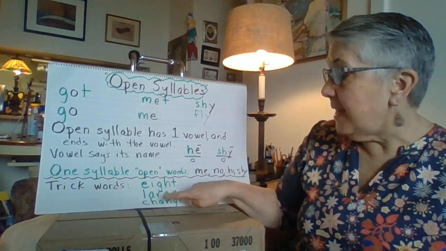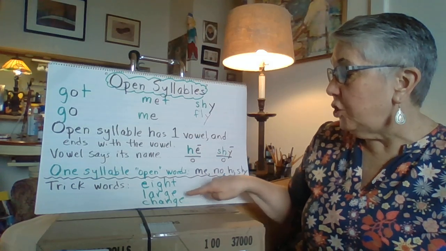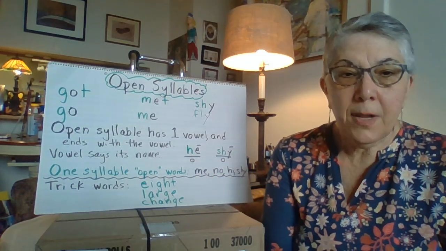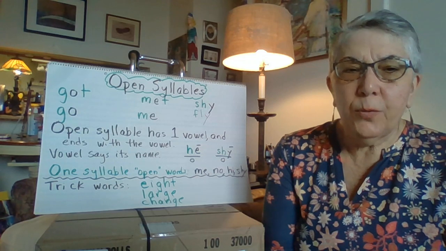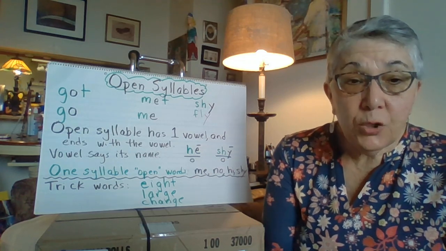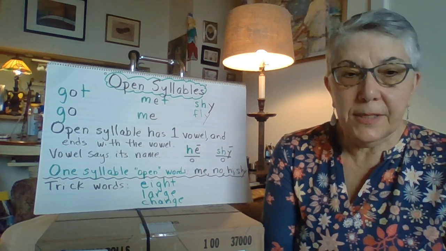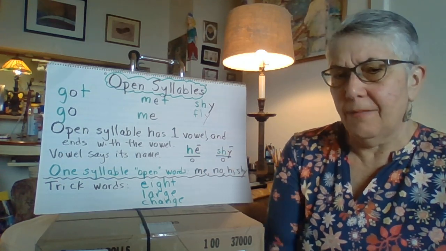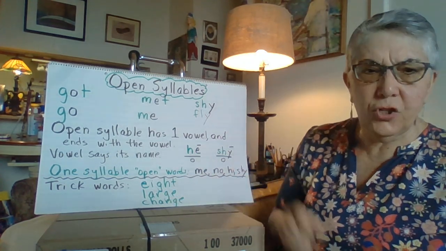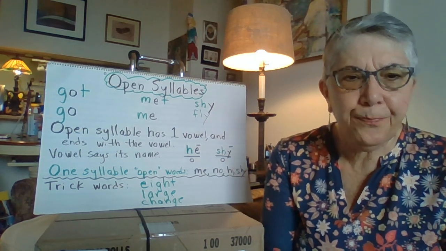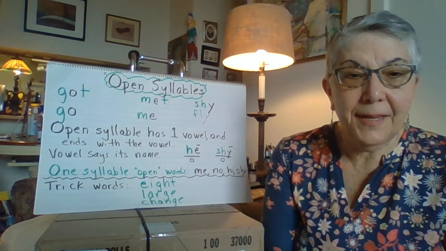Good. Our last trick word for this week is change. Change is spelled C-H-A-N-G-E. What's tricky about the word change? Change means to not stay the same, to become different in some way. What's tricky about the spelling of it? C-H-A-N-G-E. What's tricky about that? Give you a second to think about it.